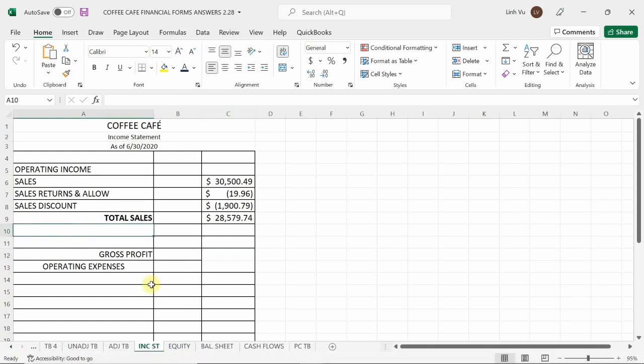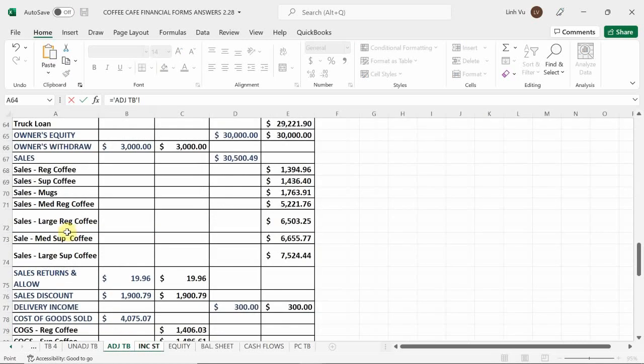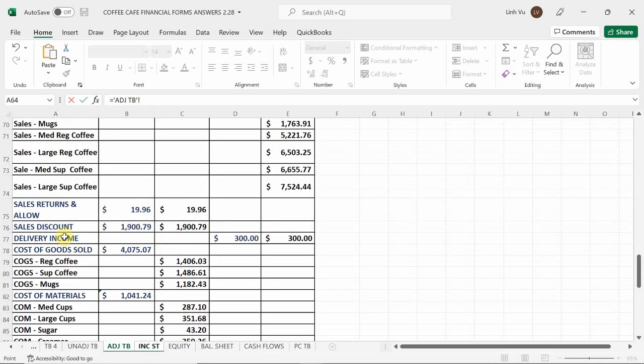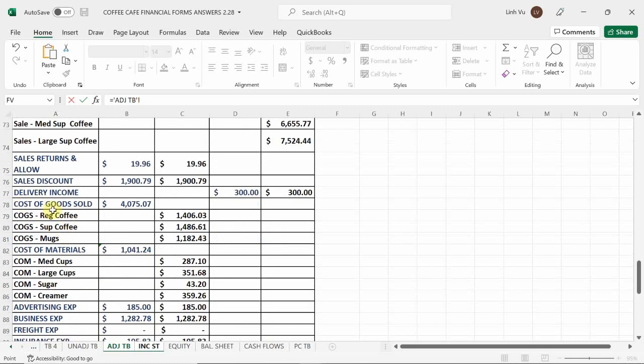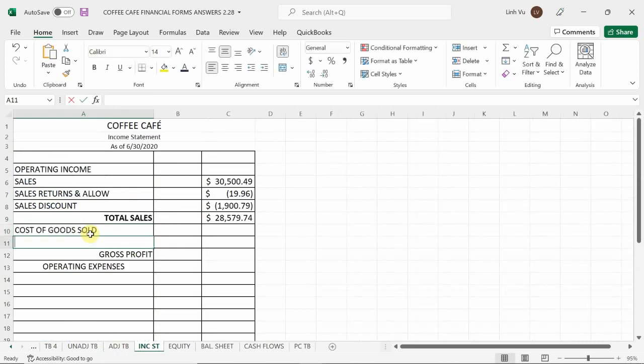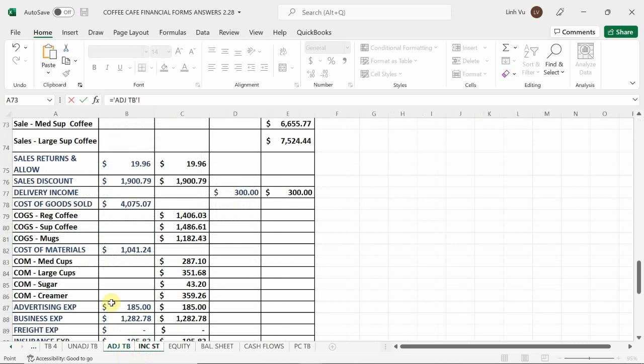In this case, we must take out our cost of goods sold and our cost of materials, right? Because those were things that contributed to your sales, okay? These are things that we have used in order for us to make our sales. So we need to have a cost of goods sold, and we're going to counter against my cost of materials.